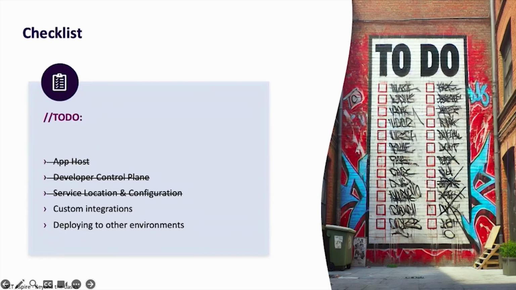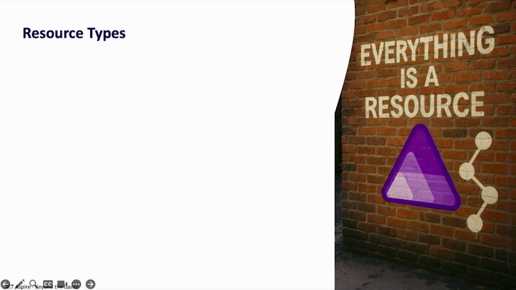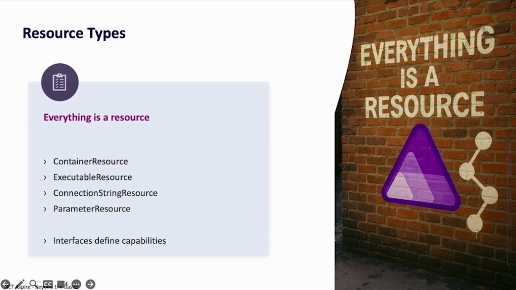All right, so the next step would be to start looking at these things called custom integrations. The way this works is by simply hooking into the existing technology that Aspire offers you, and that is based upon this fact: everything in Aspire is a resource. So projects are a resource, connection strings are a resource, dependencies between projects can be made.